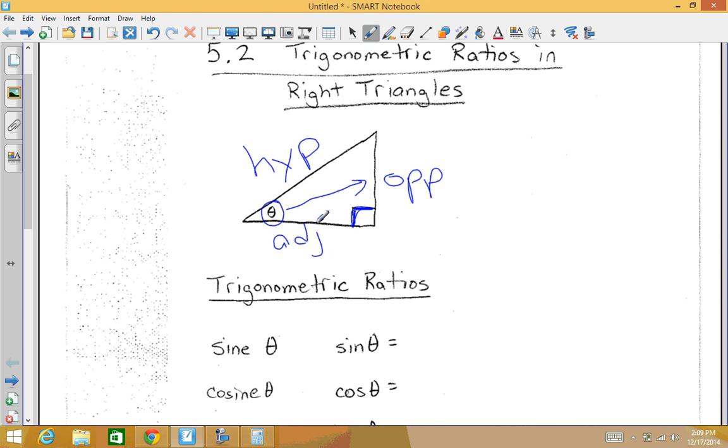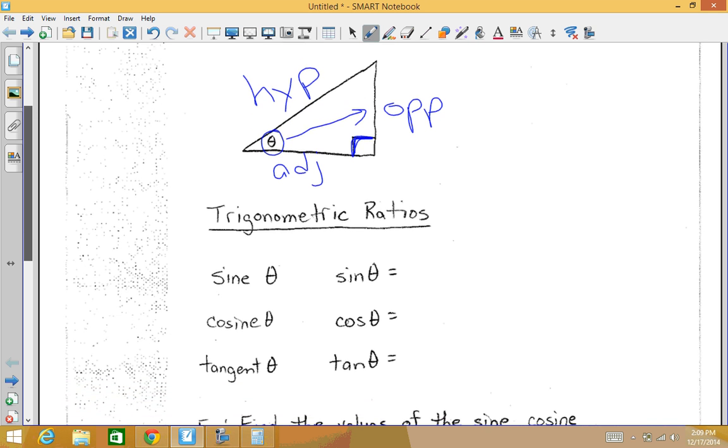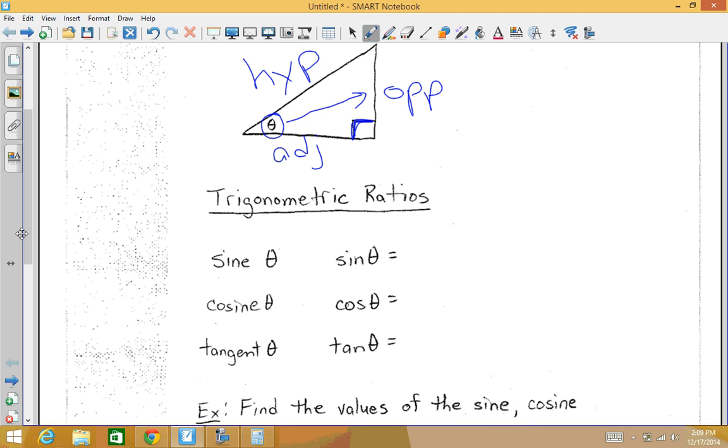Once we've established what the side names are, then we can talk about trigonometric ratios. There are three different trigonometric ratios: sine of theta, cosine of theta, and tangent of theta. Those are the three basic trig ratios. There are other trig ratios built off of these three, but these are the main ratios.